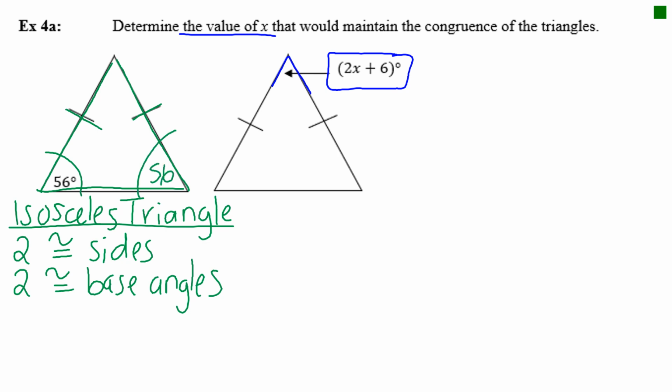Now, we're looking at two congruent triangles, or we're trying to make the claim that they're congruent. So if the two base angles on the left are 56, the ones on the right must also be 56 degrees. Okay. Another piece of information we need to know. This angle plus this angle plus this angle should add up to 180.